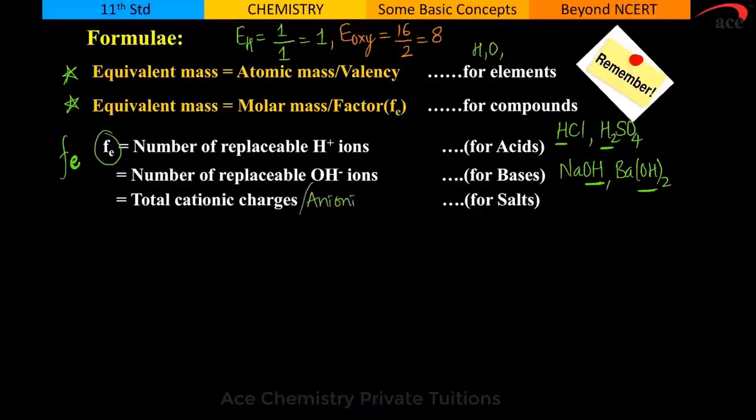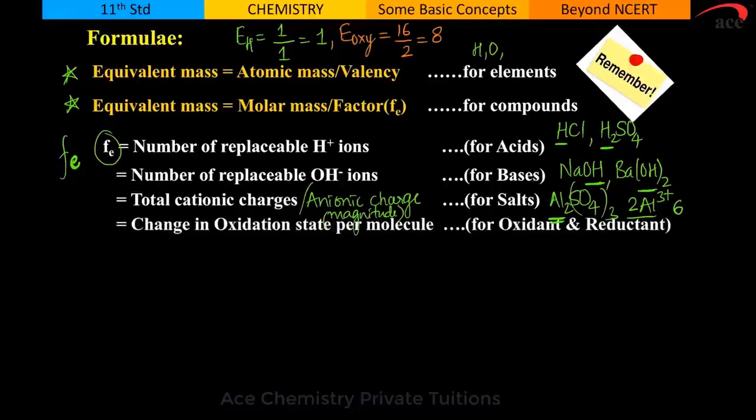Then, for salts, it is total cationic charge. You can even say total anionic charge, but remember to take only magnitude. Don't take the sign. So, for Al2(SO4)3, total cationic charge will be: 1 aluminium has 3 plus charge, but you have 2 aluminium. So, total cationic charge will be 6.